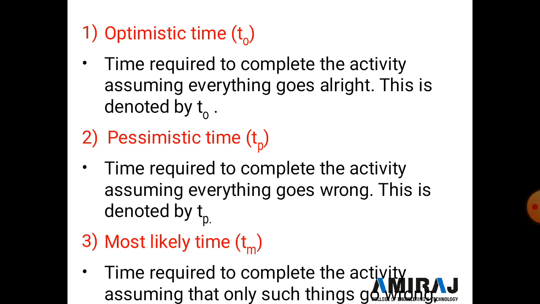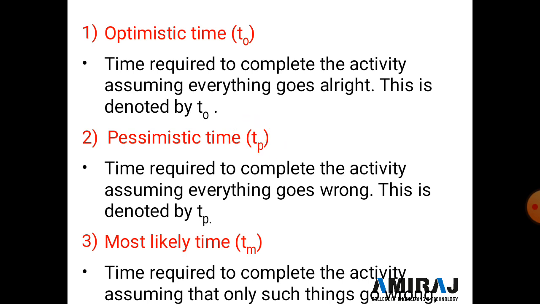Next is the pessimistic time. It is the time required to complete the activity assuming everything goes wrong, denoted by TP. P means pessimistic and T means time.